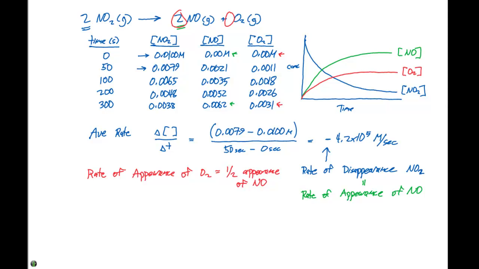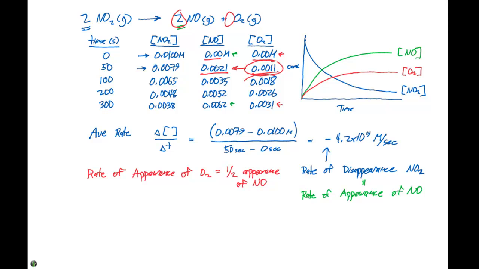So we have a 2-to-1 ratio, and that's going to affect the rate at which the oxygen and the NO appear. As you can see here, initially we start at 0 with both of them, and then we have 0.0011 and 0.0021. This is roughly half of what this other value is.